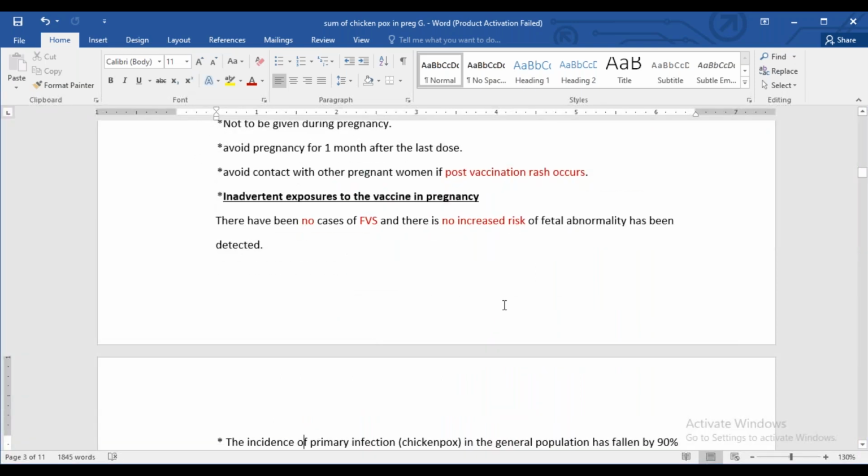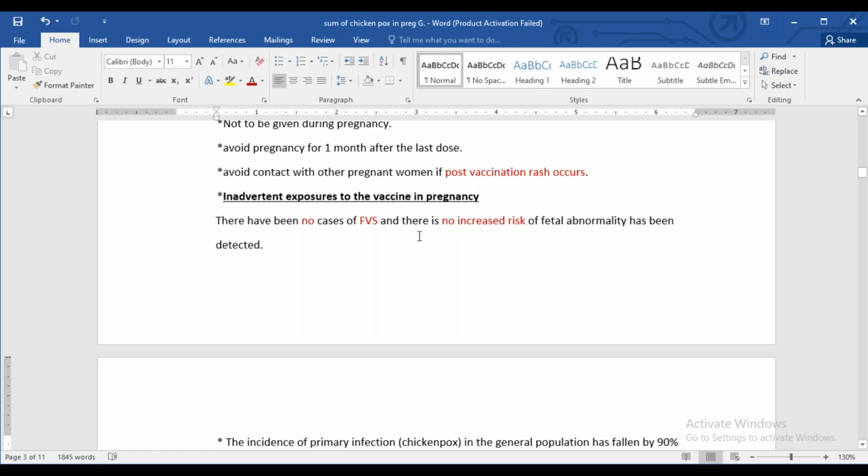Okay, so what happens if the woman took the vaccine while she's pregnant and she doesn't know? This is very rare to happen, to give such a vaccine to a woman and you don't know she's pregnant. But if it happens, they have shown in the guideline that there are no cases of fetal varicella syndrome reported after inadvertent exposure to the vaccine.